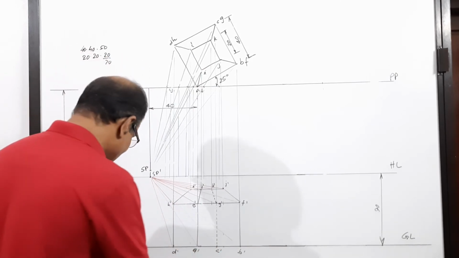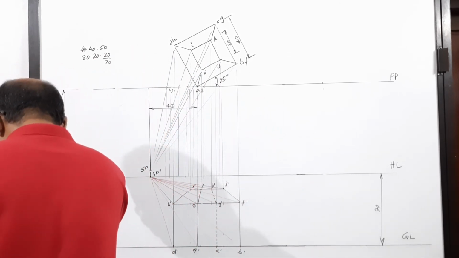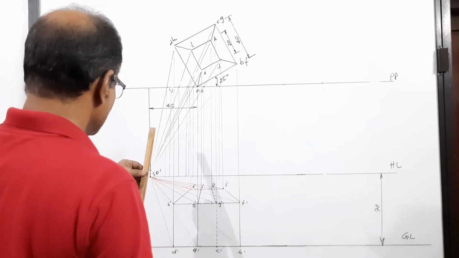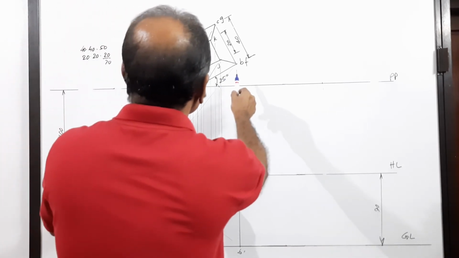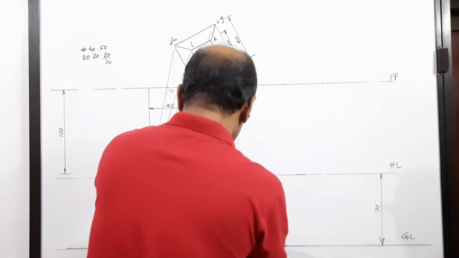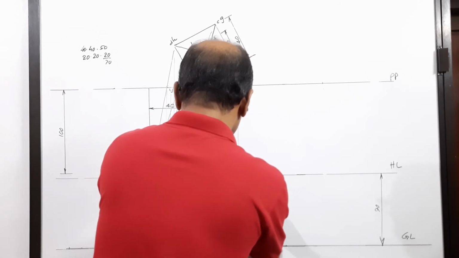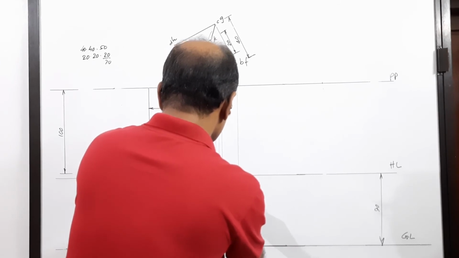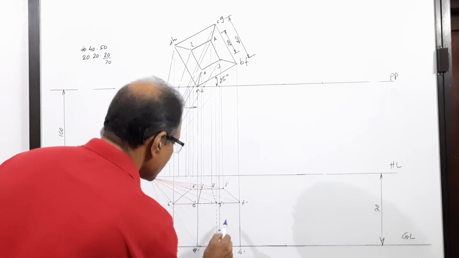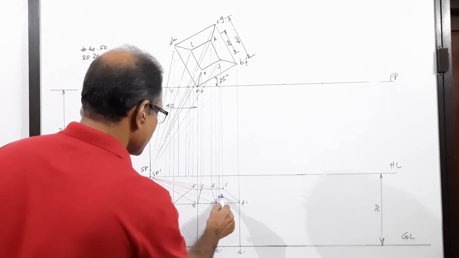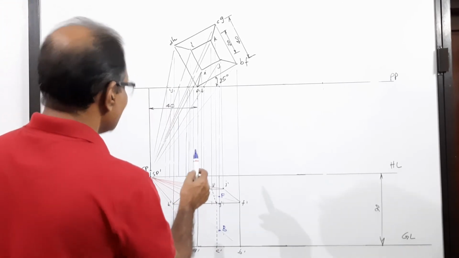I have stopped them in between. Let us check. Intercept of B: this will be B, and this will be F. BF. Then AE, no doubt.